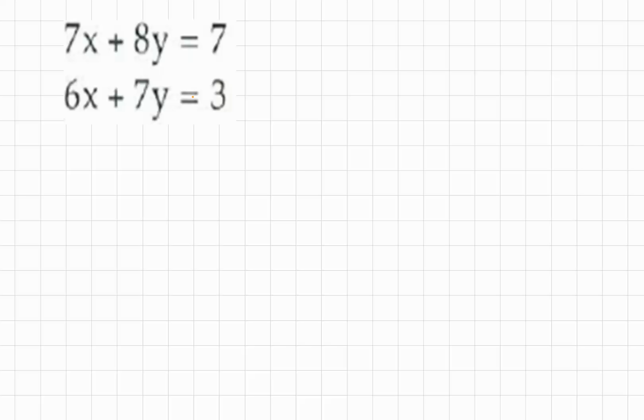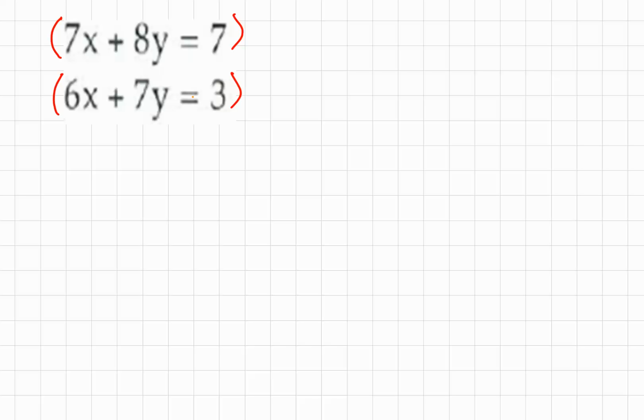We could look for what 8 and 7 both go into. So if we look at getting rid of the x's, and again, what you choose to do is up to you, which method you use. I think 7 and 6 is a little smaller than 8 and 7, so it works a little better. So what we're going to do is multiply the top equation and the bottom equation by some factor.